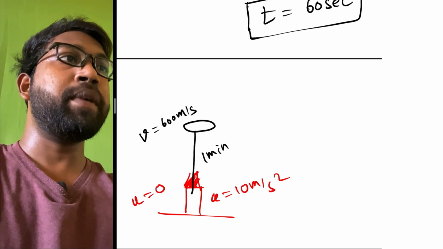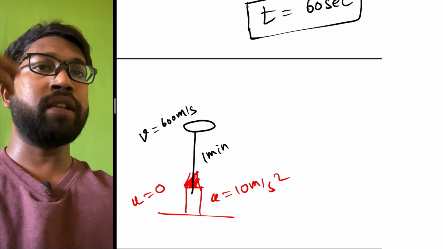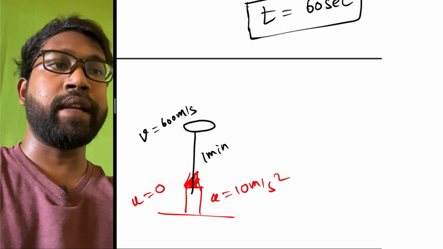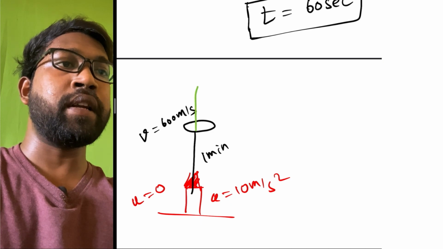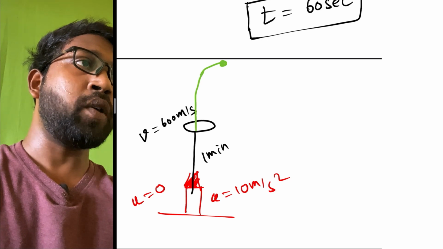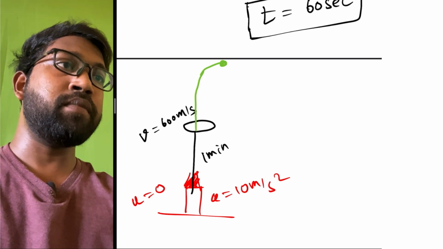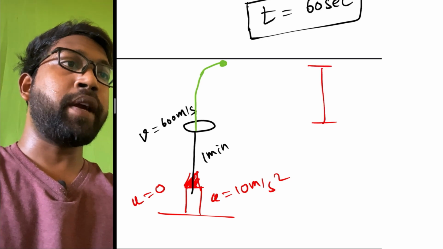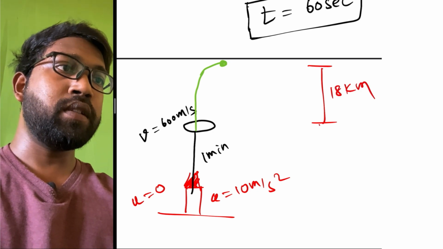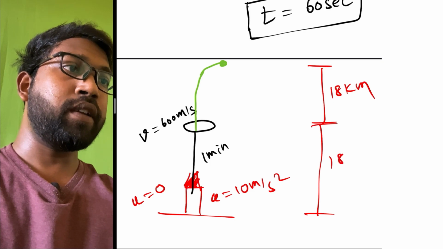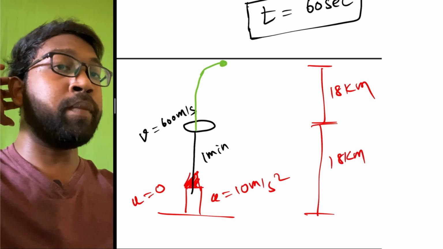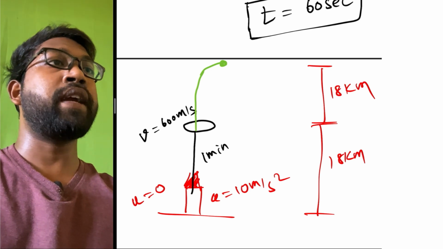Then what will happen? No longer is there fuel to accelerate the rocket. Then the rocket goes under gravity and decelerates under gravity. It reaches some maximum height. We found that the maximum height from this point is 18 kilometer, and this distance also 18 kilometer, and overall 36 kilometer from the ground is the maximum height the rocket can reach.